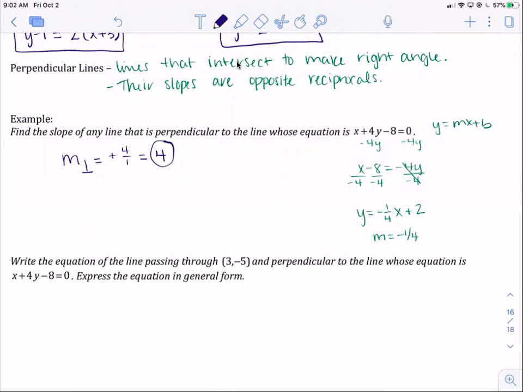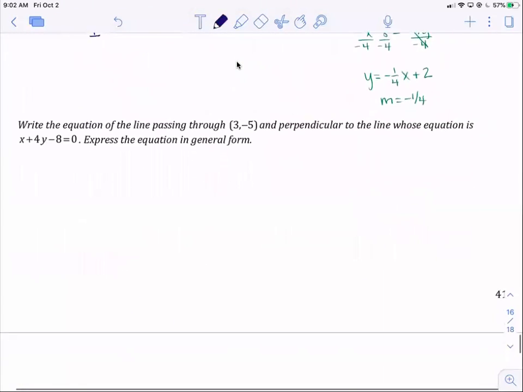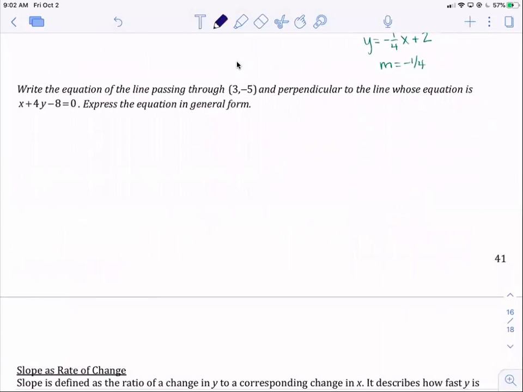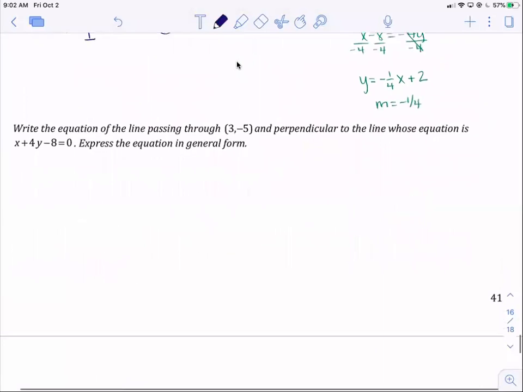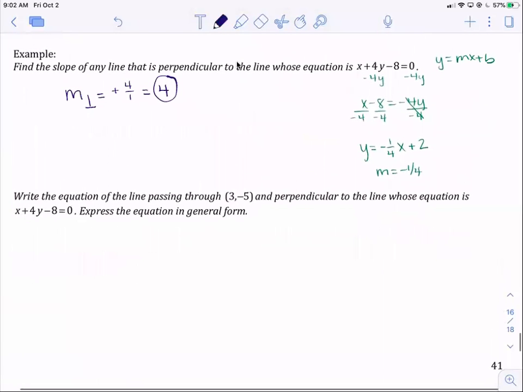Okay. Now we're going to write the equation of the line passing through 3, -5, and perpendicular to that equation we just found. Okay, so we know that our perpendicular slope is going to be 4, and we have our point 3, -5.